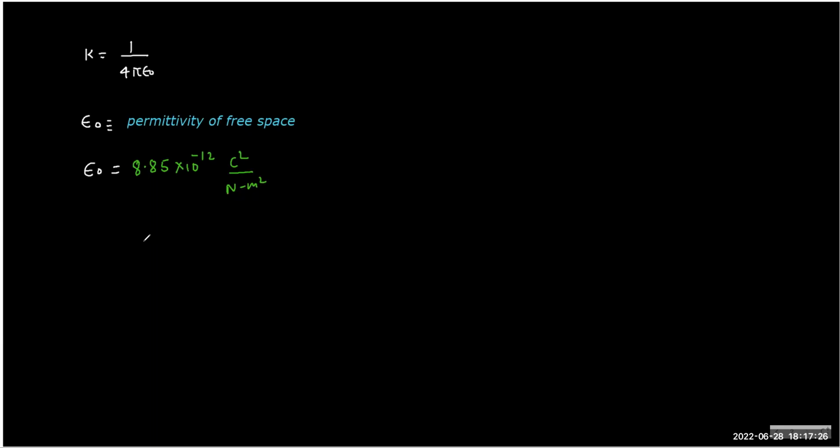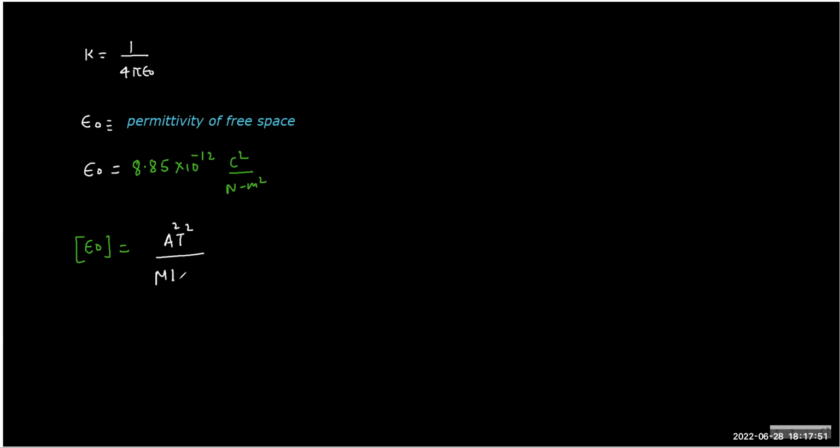Now, before I proceed and describe what epsilon naught is in great detail, we'll talk about the dimension quickly. Of course, dimensional analysis we can do everywhere. Coulomb is not the SI unit. As per the SI, we have the ampere, and charge is defined as current into time, so we can say ampere second, squared.